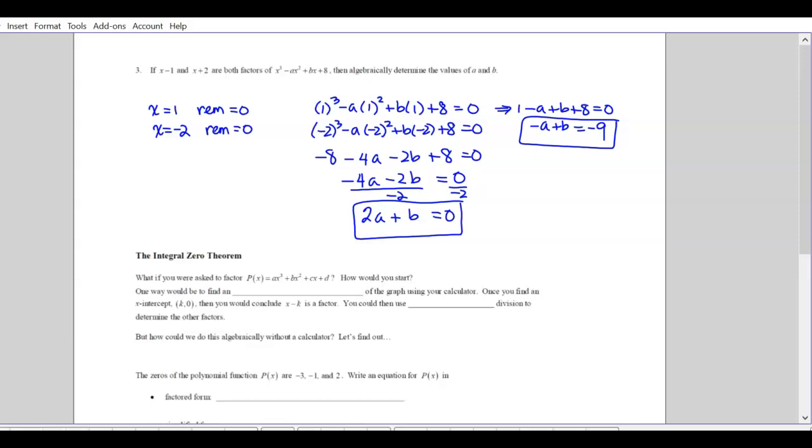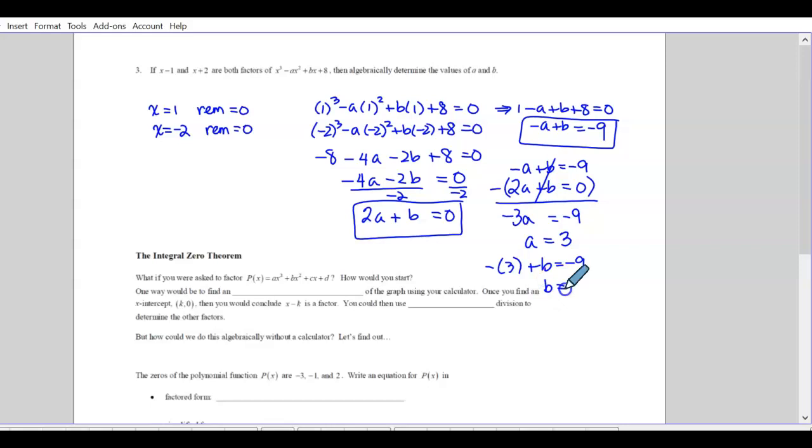I'm going to use elimination. So the b's go away. So a equals 3. And so b equals negative 6.